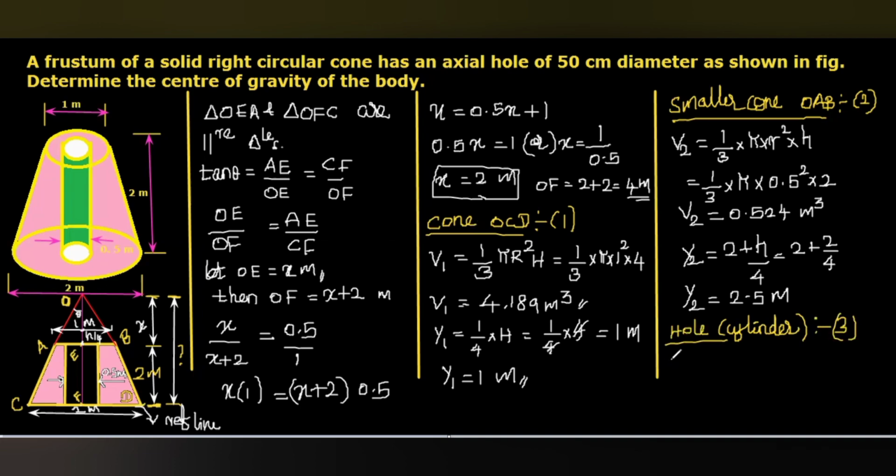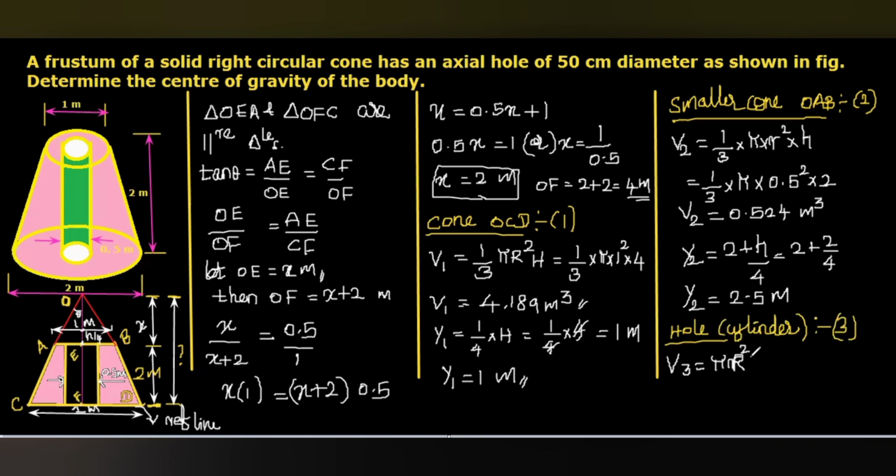So the volume of the cylinder V3 is pi r square h. For that, the radius is new, and the height is small h, a new h, that will be 2 meters, because the hole is not in the frustum portion. That means only in this cone, the hole is up to this EF. Pi r square h.